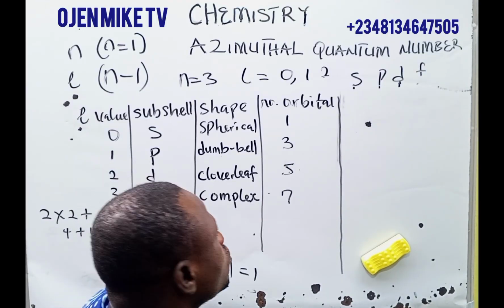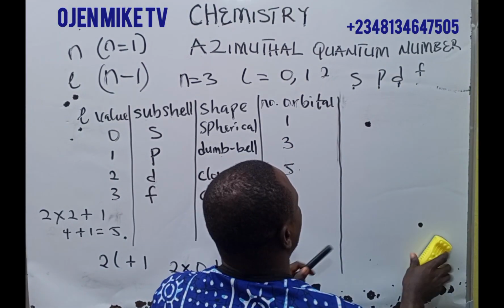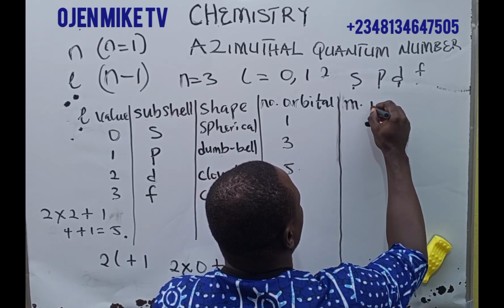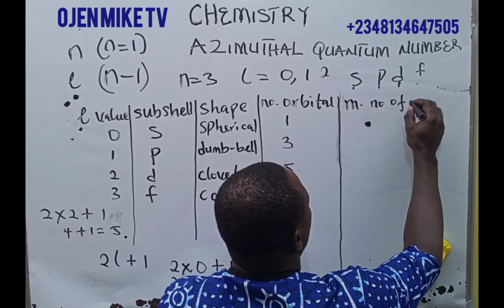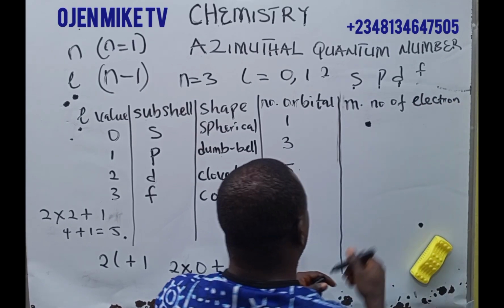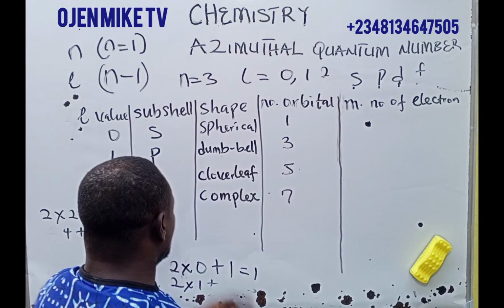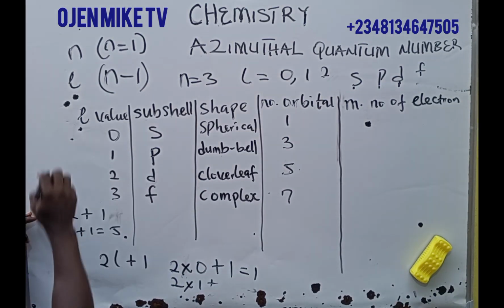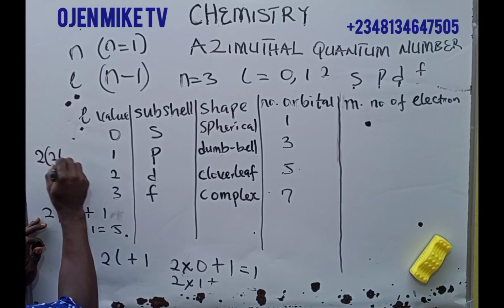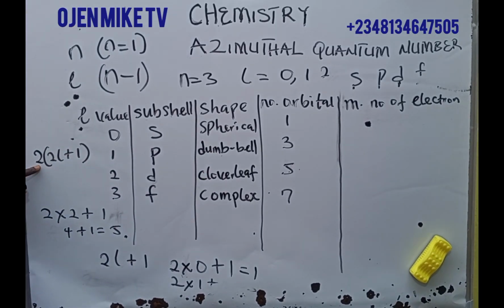Let me write the maximum number of electrons. The maximum number of electrons in each of these subshells, you use the same formula, 2 times (2L plus 1). So whatever you have here, you multiply by 2. That is what it means.